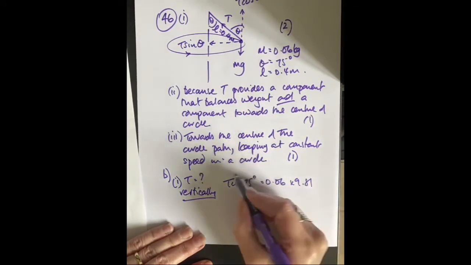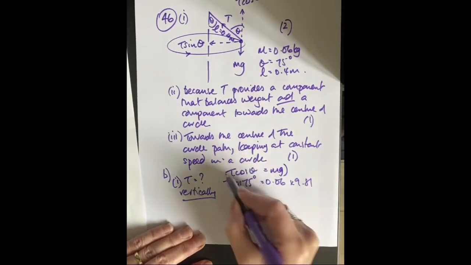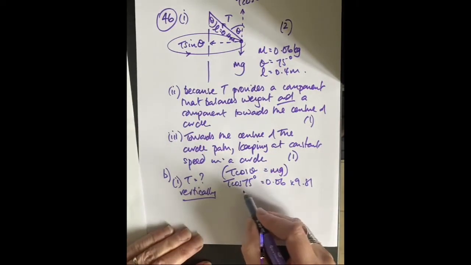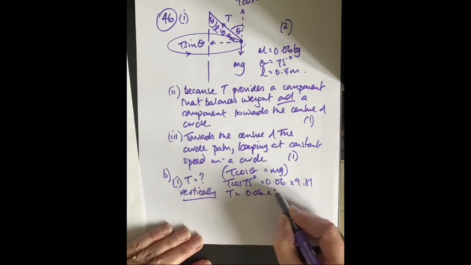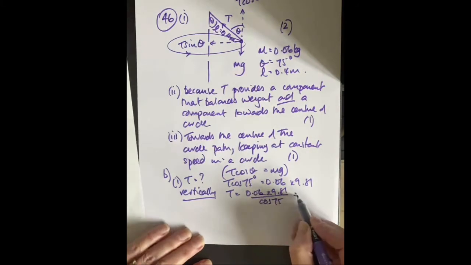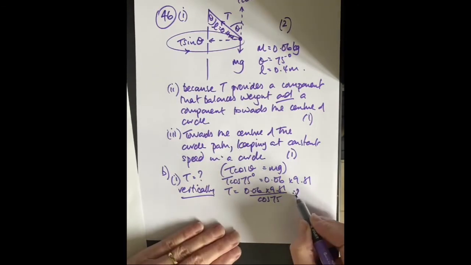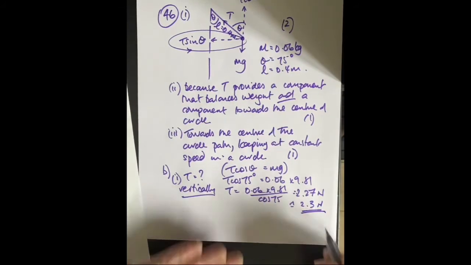T cos theta equals mg. That's where that comes from. So T is 0.06 times 9.81 over cos 75, and I get 2.27 newtons, which is approximately 2.3.